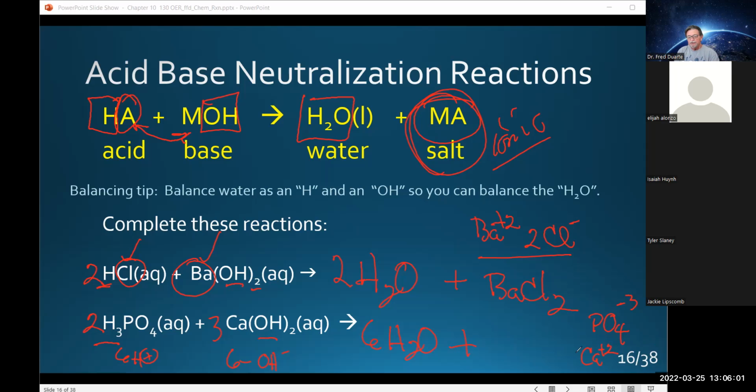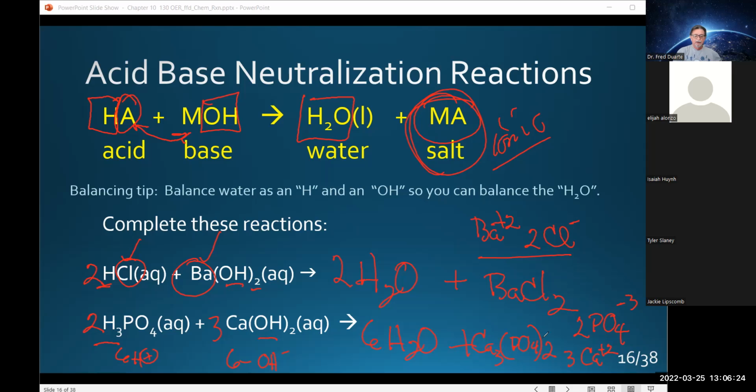And so that means I need 3 calcium to give me the common number of 6 positives, and I need 2 phosphates to give me a total of -6 charge for the phosphate. So the formula becomes Ca3(PO4)2.